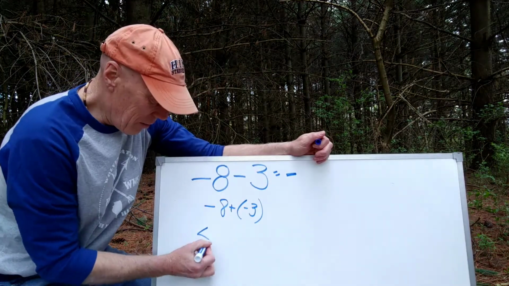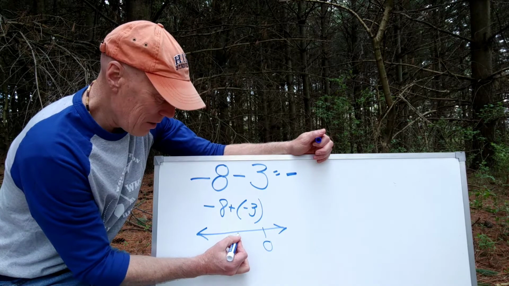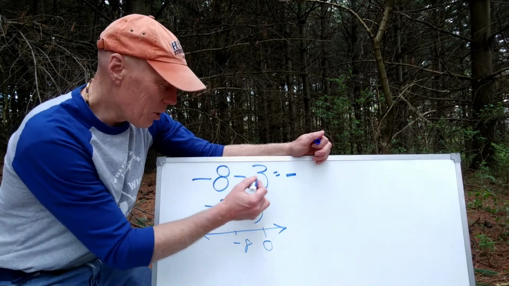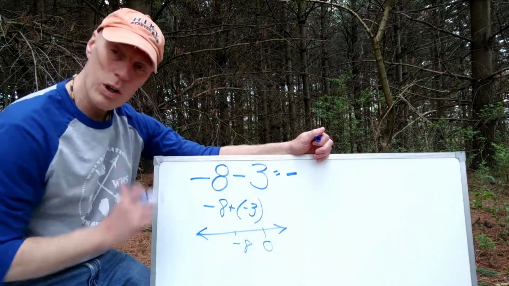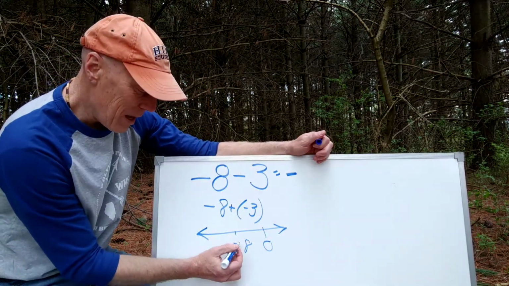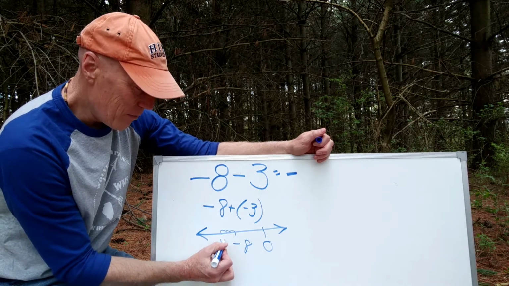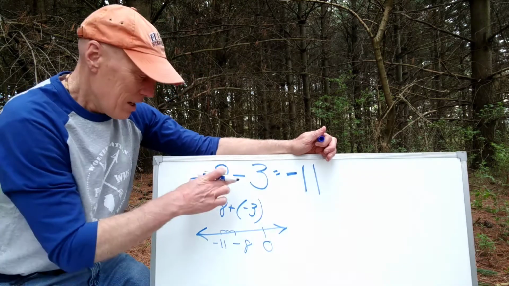So if we think of a number line, and if this is 0 and right here is a negative 8, then if we're going to subtract 3, or add a negative 3 onto that, anything that's negative, you're working to the left. And so from that negative 8, 1, 2, 3, that's going to bring you to a negative 11.